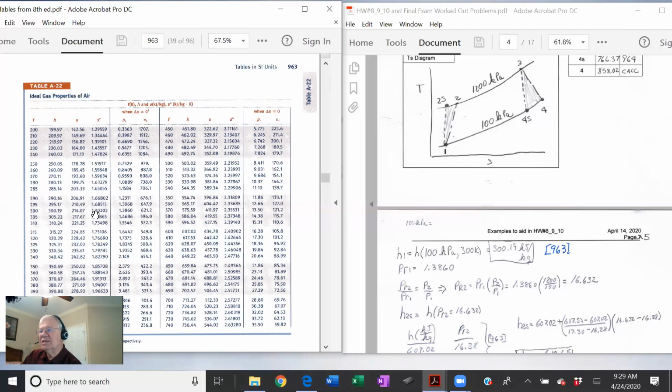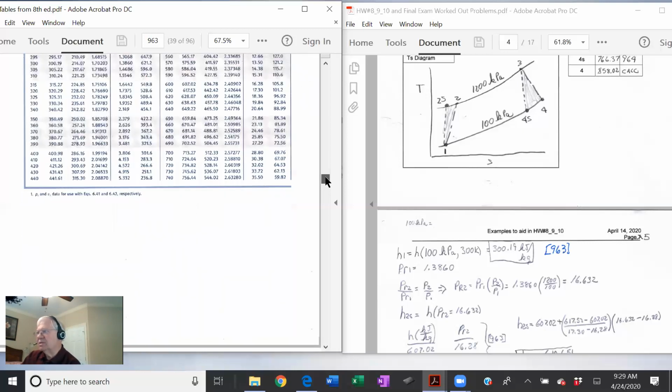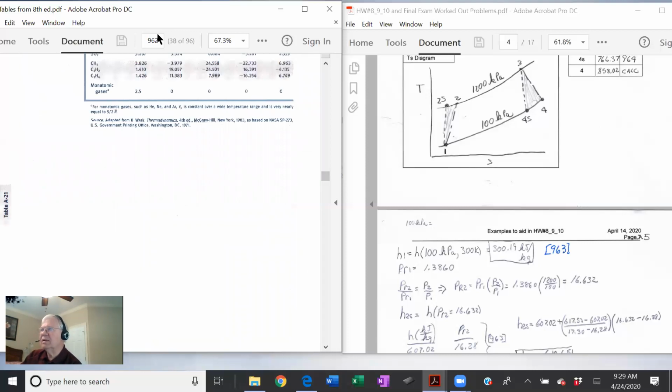And we used this S0 before, but we're not going to use S0. We're going to use a pressure ratio. The pressure ratio here is 1.3860, the isentropic pressure ratio. So that's all we need for state 1.